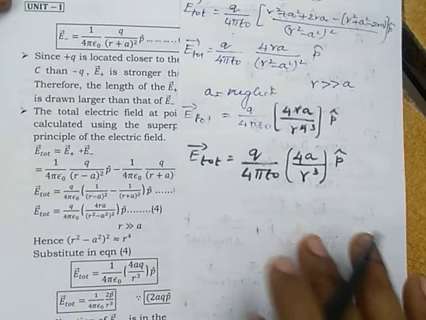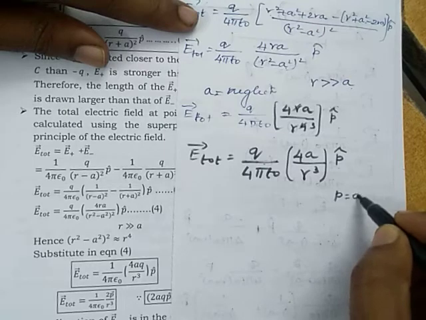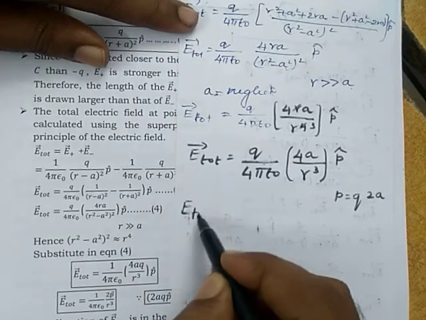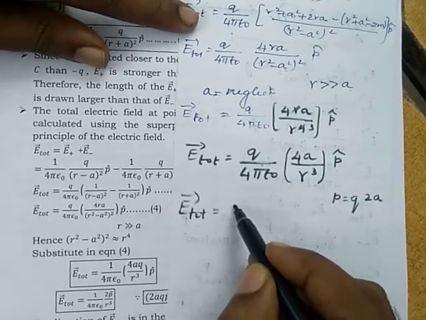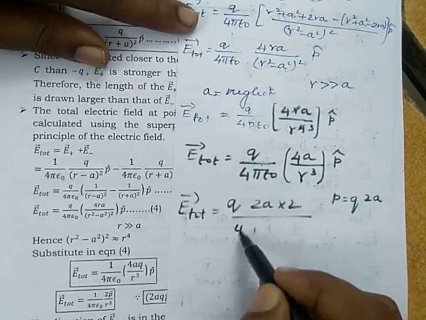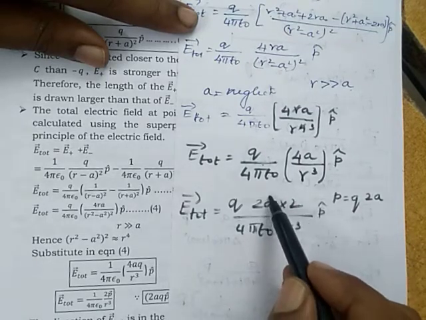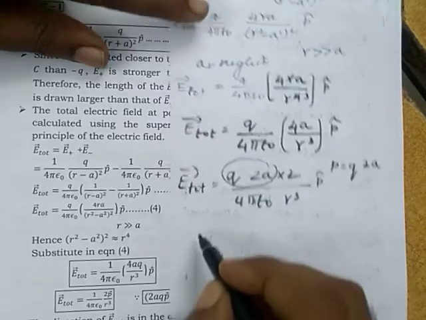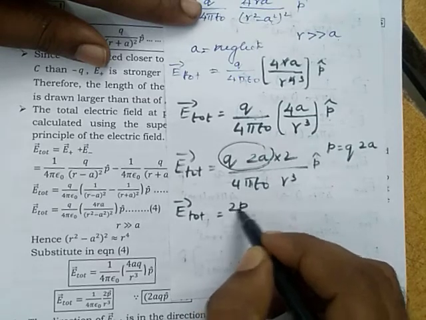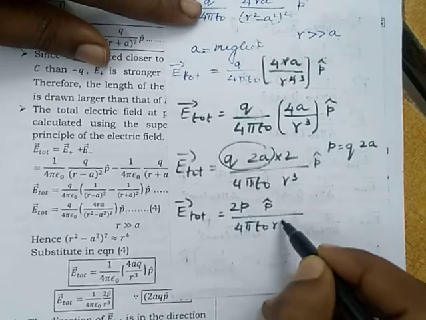We know the dipole moment p is equal to q into 2a. So we can modify this as E total vector is equal to q into 2a into 2, divided by 4 pi epsilon naught r cube into p cap. We can write this as p. Then E total becomes 2p p cap by 4 pi epsilon naught r cube.